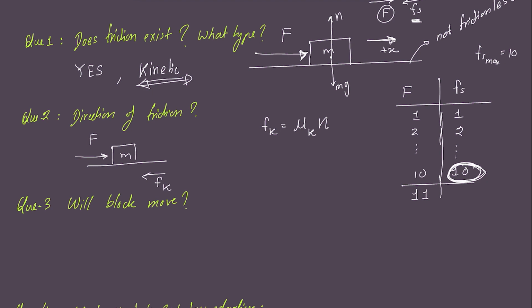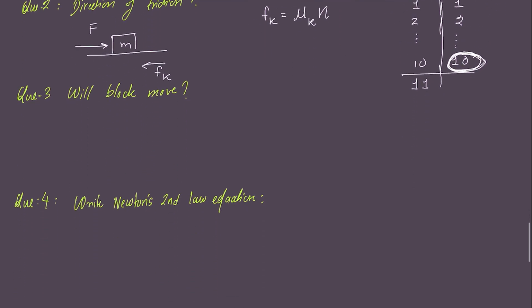But remember, although F is greater than the maximum value of static friction, I'm not saying that there is static friction present. Because things are moving, static friction is out of the picture, and the only friction that you have is kinetic.